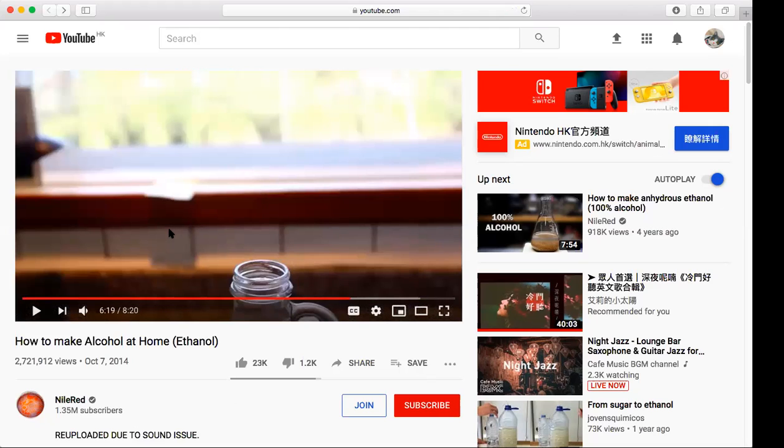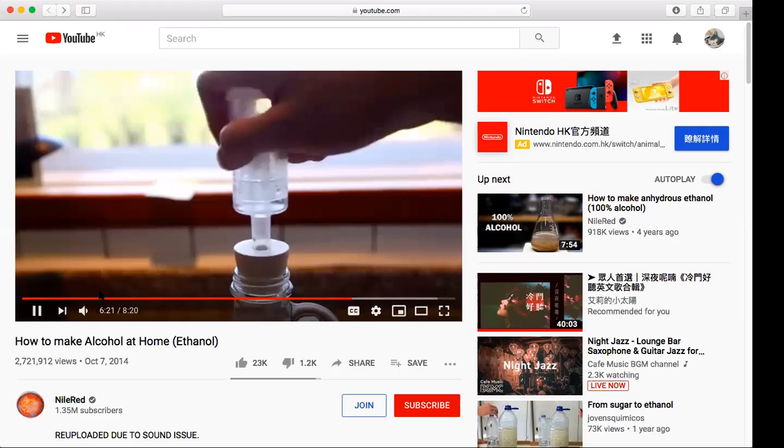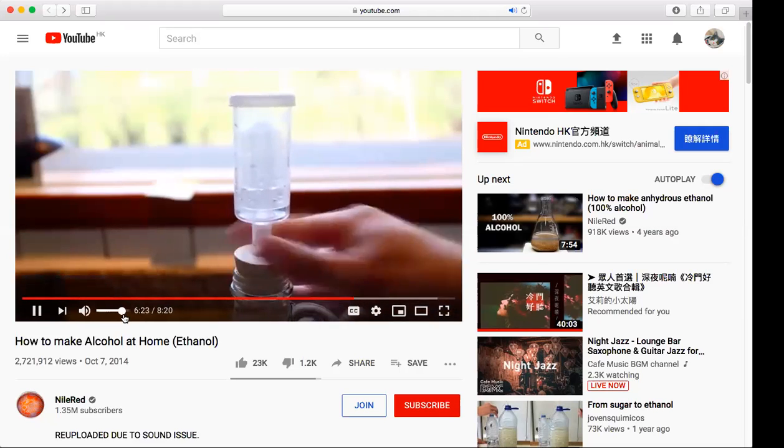So pay attention to this part. That's key to making this process successful. If you don't have this part, you won't get any alcohol. The final important last step is to add the airlock.